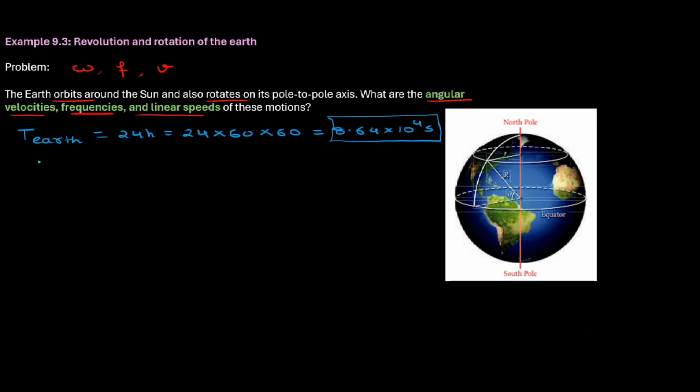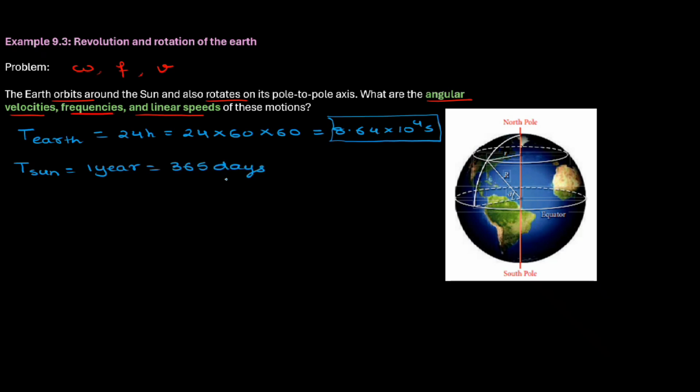Then we do the same thing and find the time the Earth takes to complete one revolution around the Sun. We know that the Earth takes 1 year to complete one revolution. So the time it takes to move around the Sun is 1 year. Every year has 365 days.